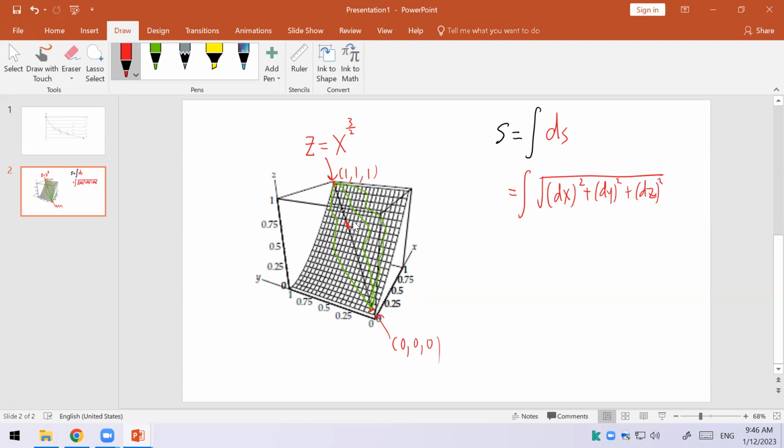In the previous example, I only had dx squared plus dy squared, so now I also have the dz squared. But remember, this is not actually a more complicated problem, because at the end of the day, z and x follow this relation.